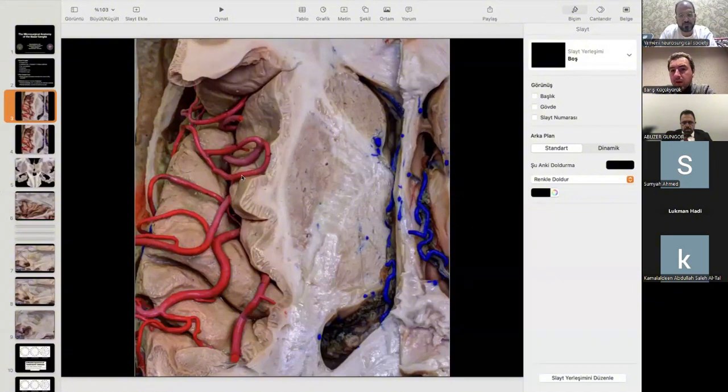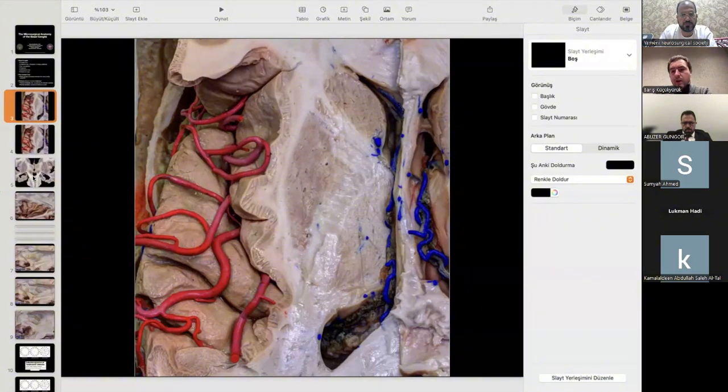Again, the central core, except the frontal lobe, temporal lobe, and parietal lobe, includes both cortical structures, subcortical structures, and also some of the basal ganglia.